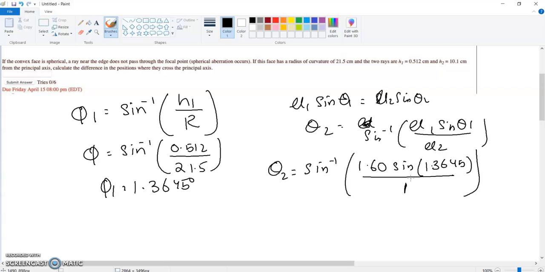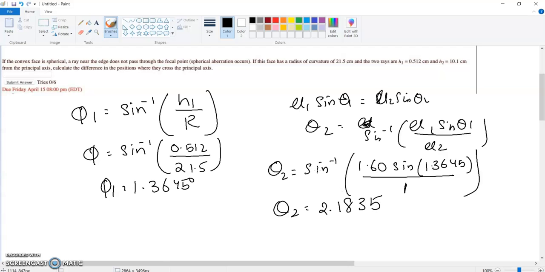So that's the formula that will give me my theta 2 at which I'm leaving. The angle at which I'm leaving is sine inverse of 1.60 times sine of 1.3645 divided by 1. That would give me an answer of theta 2 as 2.1835.